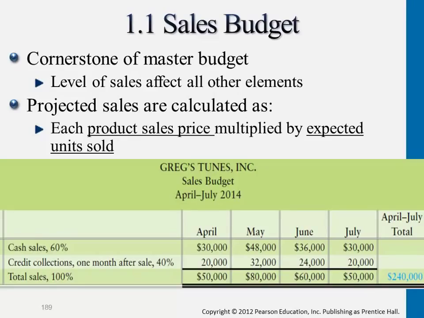Next month, 30,000 more. June decreases to 20,000, July 50,000 again. We break it down in each and every month, a portion into cash sales, a portion anticipated as credit sales. Overall, what gets into the income statement is this dollar amount, $240,000, adding up all the sales revenue together.